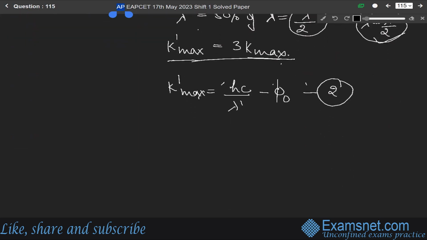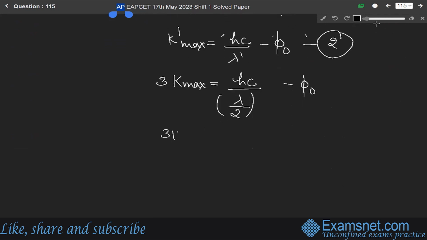So replacing K dash maximum with 3K maximum, it will be equal to hc over, in place of lambda dash, we write lambda by 2, minus phi naught. So 3K maximum will become 2hc over lambda minus phi naught.